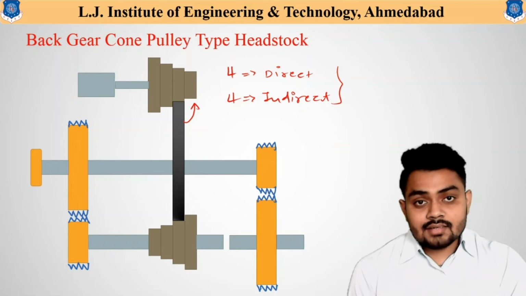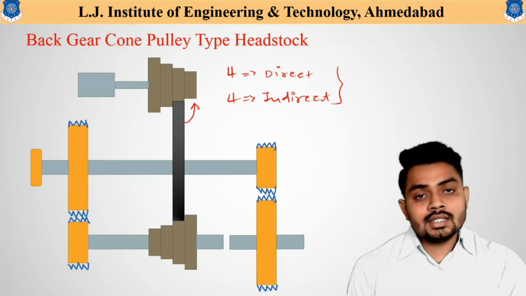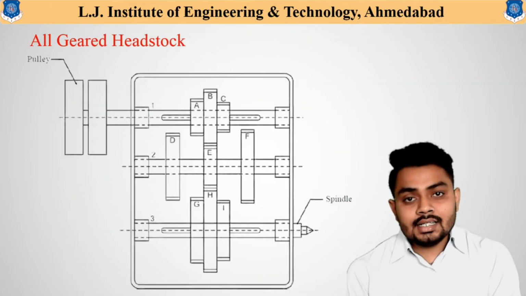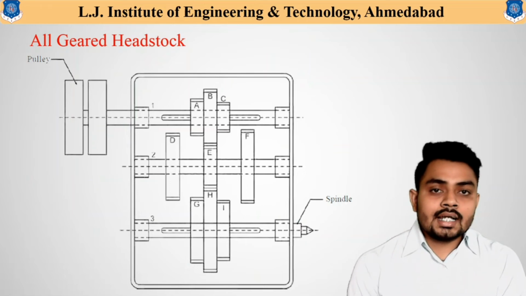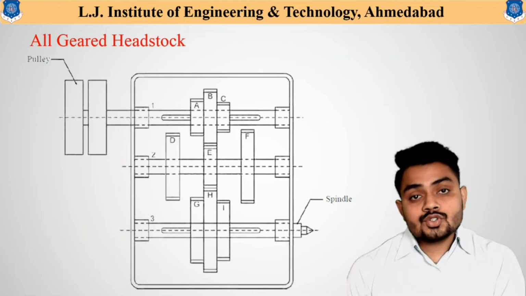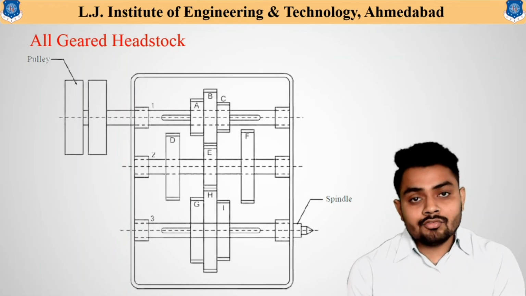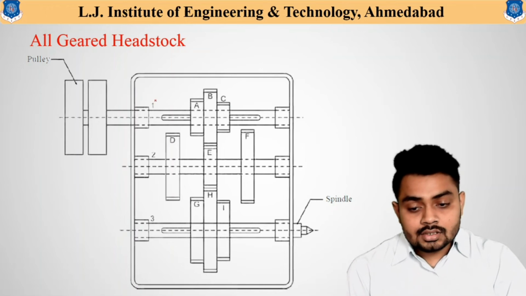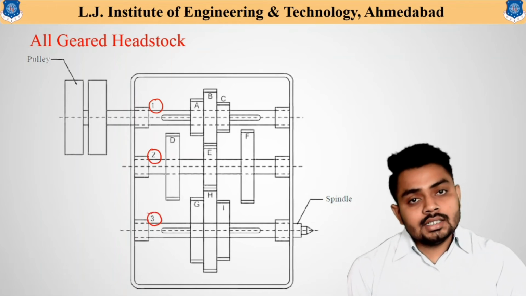This disadvantage can be overcome by using another headstock assembly for power transmission, that is the all geared type headstock. And in this assembly, as shown in this particular figure, one can see that there are three shafts available: shaft 1, shaft 2 and shaft 3.